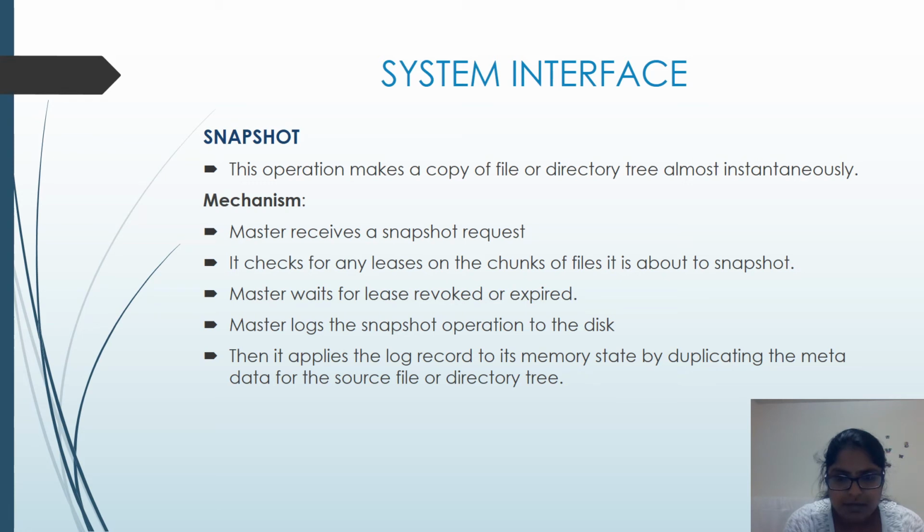If there is any lease, the master waits for the lease to be revoked or expired. Then the master logs the snapshot operation to disk. Then it applies the log record to its in-memory state by duplicating the metadata for the source file or directory.